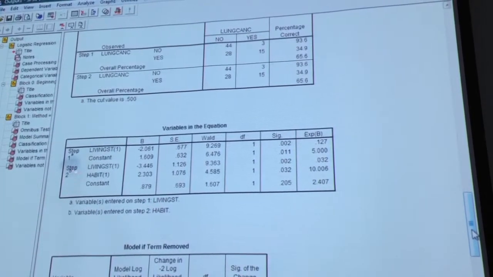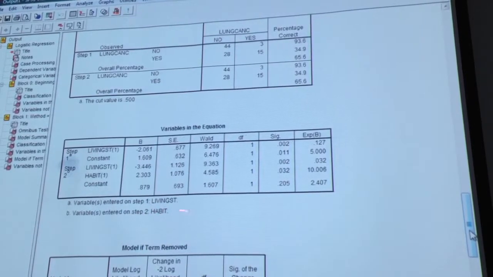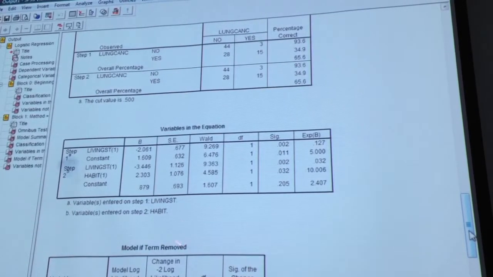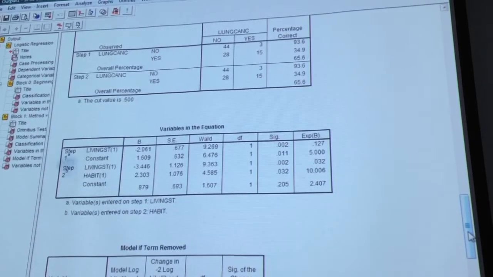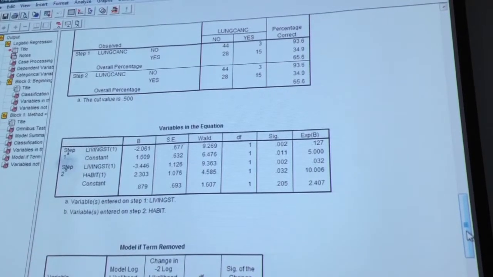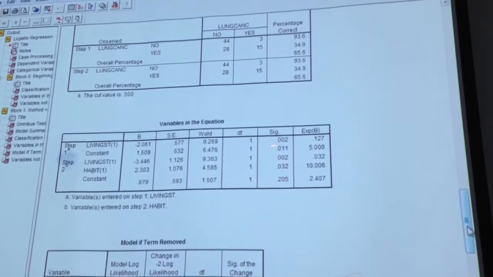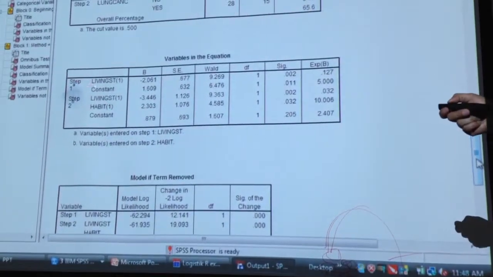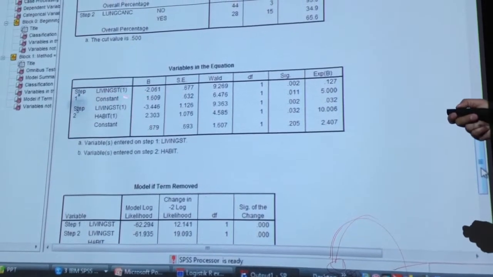And for the second step, another variable that enters is the habit, smoking. So the 2 variables are the predictors. But how did we do it? What are the beta values? So we want to see the significance here.